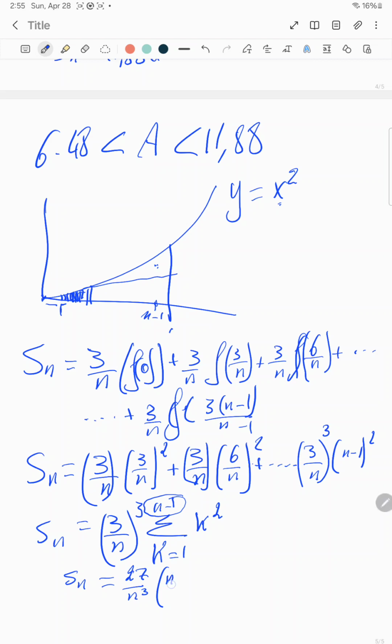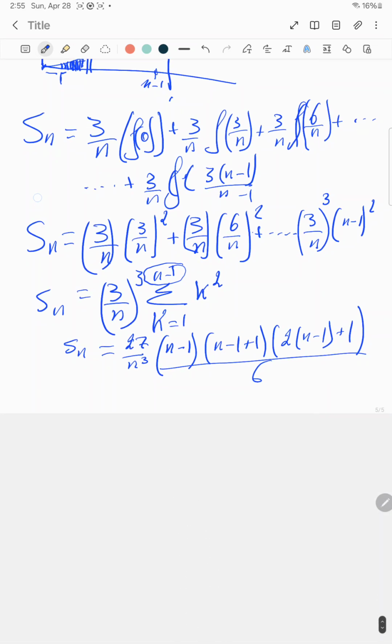So my n will be n minus 1, the first one. The second one will be n minus 1 plus 1. And the third one will be 2 times n minus 1 plus 1 divided by 6.